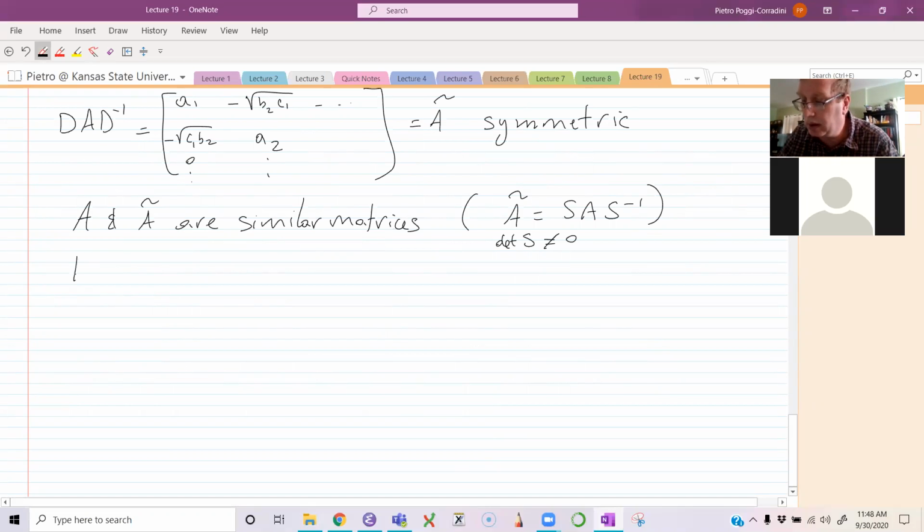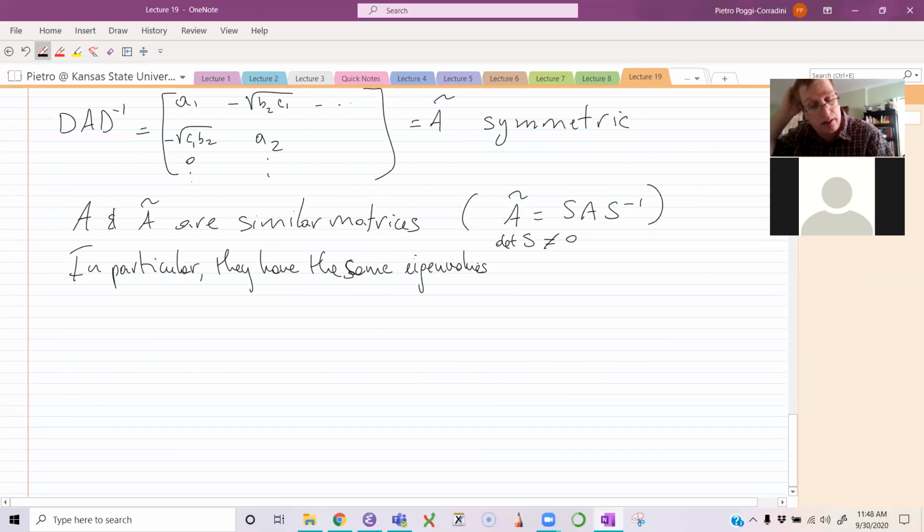So in particular, they have the same eigenvalues. Let's verify that.